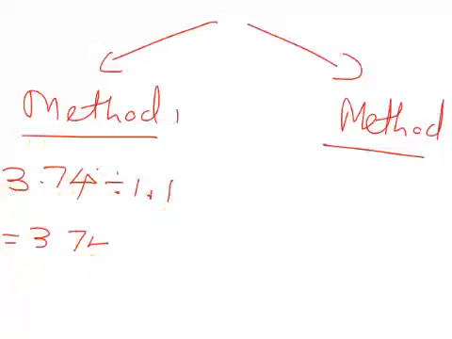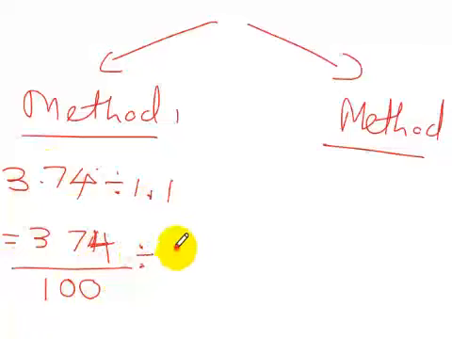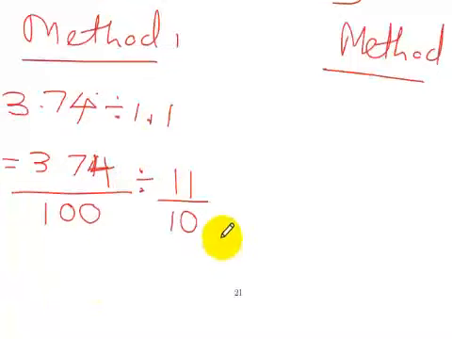I can remove these two decimal places by writing 374 over 100. So 3.74 and 374 over 100 are both the same. Here also, 1.1, instead of this I can write 11 over 10. Here 1.1 and 11 over 10 are equal. This is the decimal form. This is the fraction form.